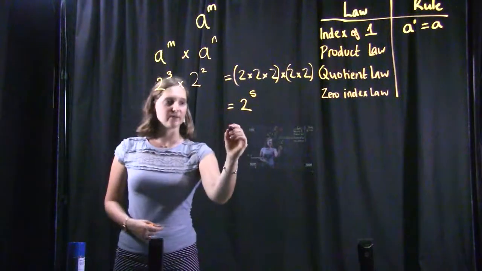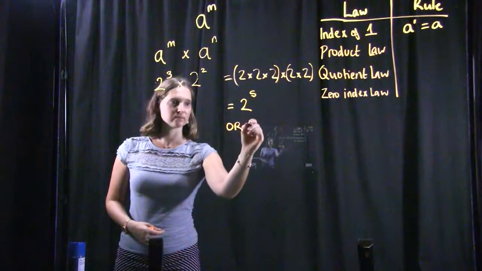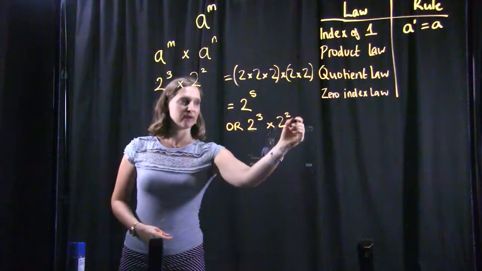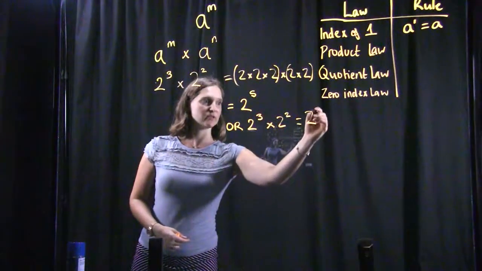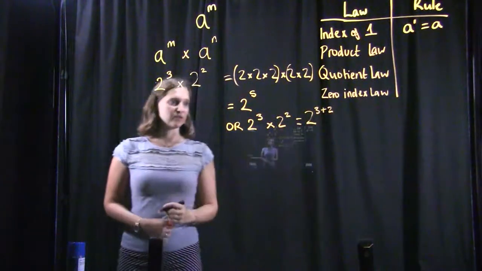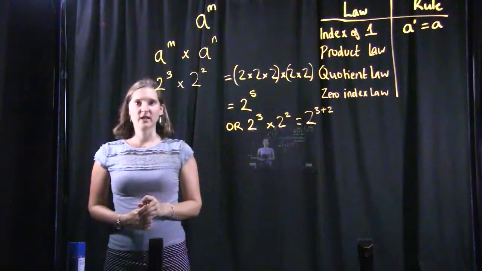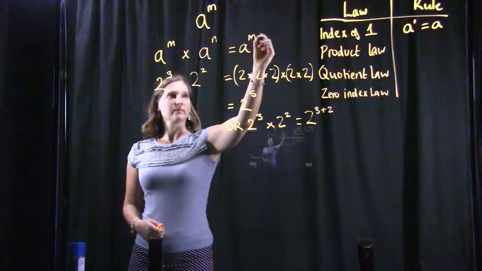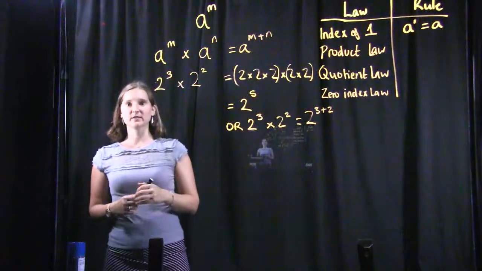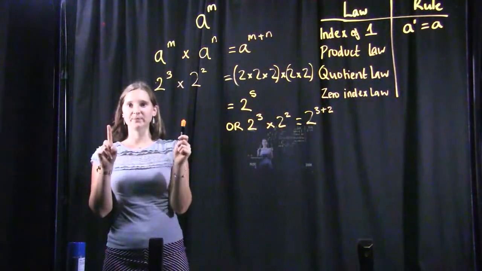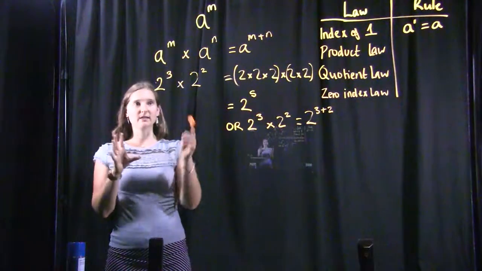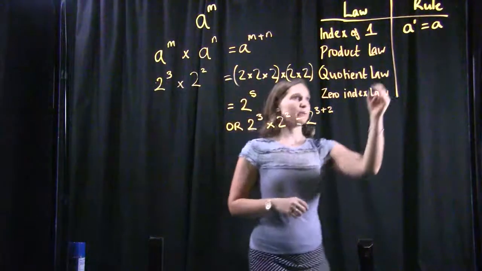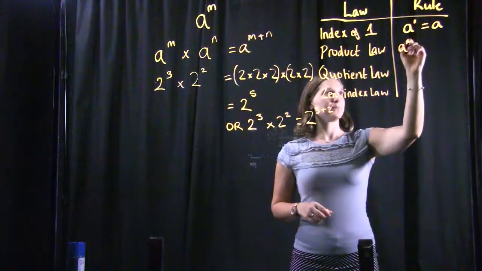So we can write that an easier way. 2 to the power 3 times 2 to the power 2 is equal to 2 to the power 3 plus 2. We're adding our powers, and that is the product law. If you've got 2 numbers or 2 powers where the bases are the same, you can times them together by adding their powers, and that is a way of simplifying them. So we'll put that in our law table here.